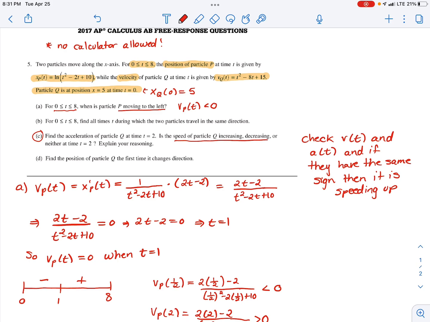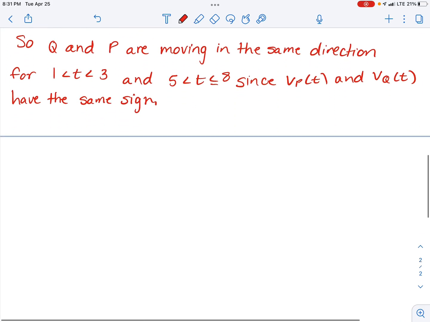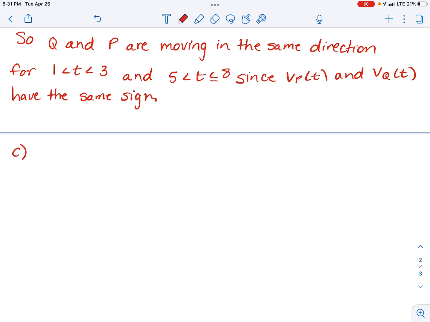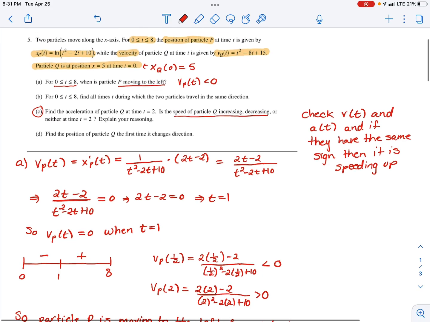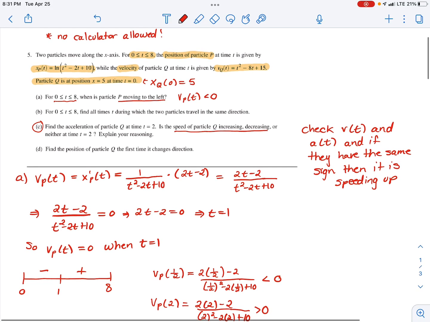All right, so let's find the acceleration of particle Q. That'd be the derivative of the velocity. So we go down to C, and we have the acceleration of Q of t is the derivative of the velocity, which when you take the derivative of that function, you should get 2t minus 8.